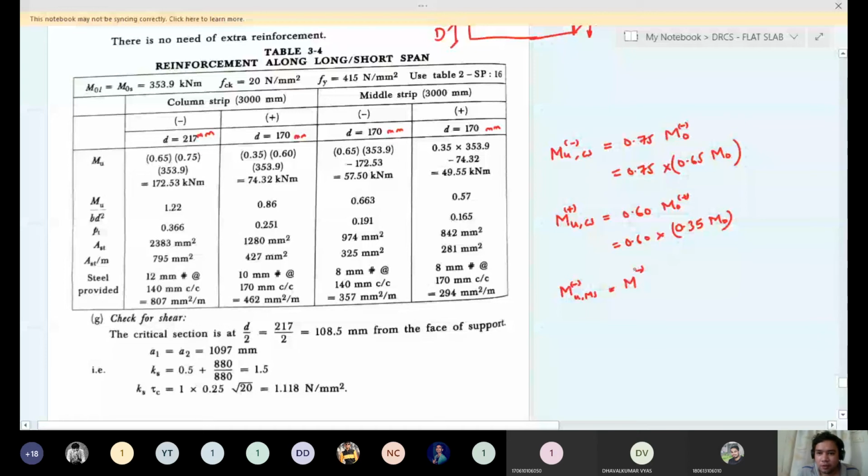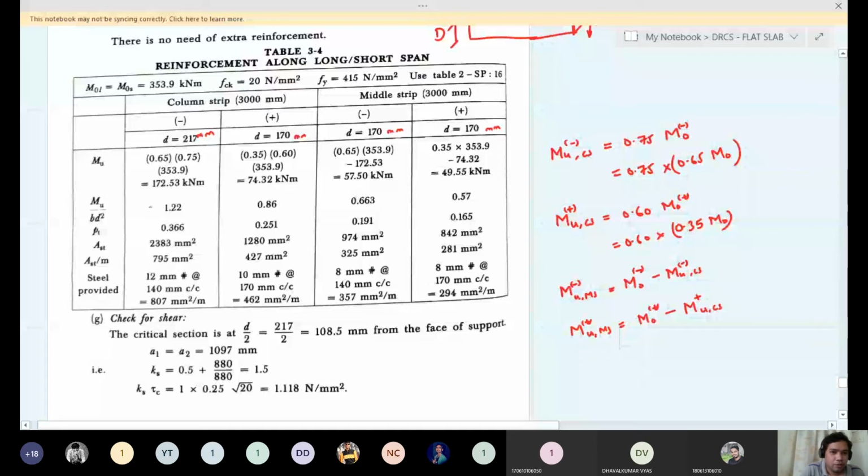And the positive moment in the middle strip will be M naught total positive moment minus this value. So by this way you can find out the total positive and negative moment in the column strip and middle strip.